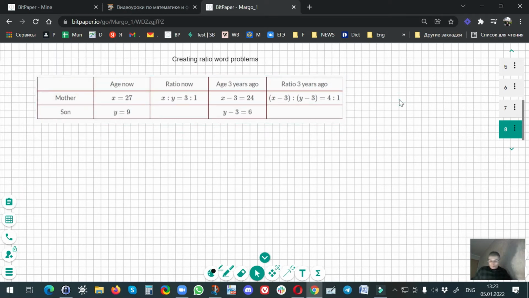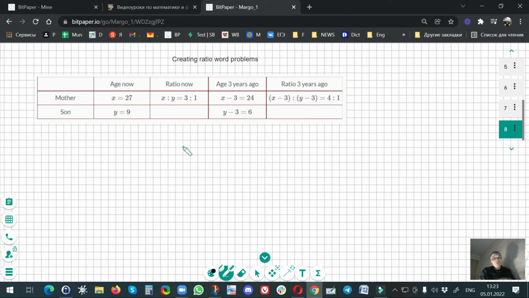To create this problem, I just choose two variables. Say x is mother's age and y is son's age. So I just choose two numbers, and my first choice, which I didn't specify in the article, should be not very difficult.